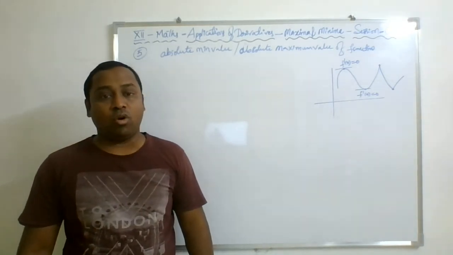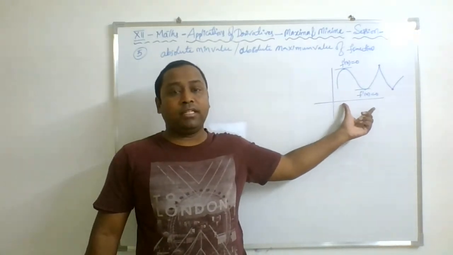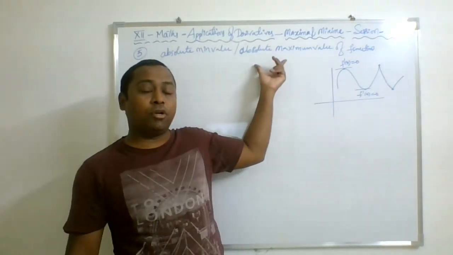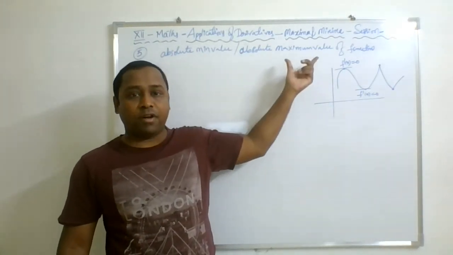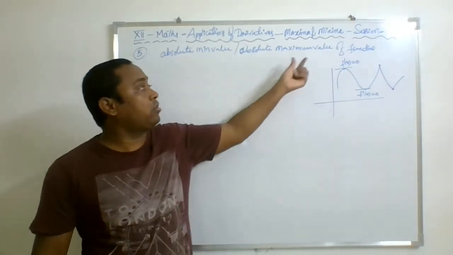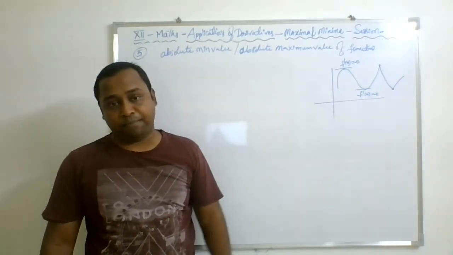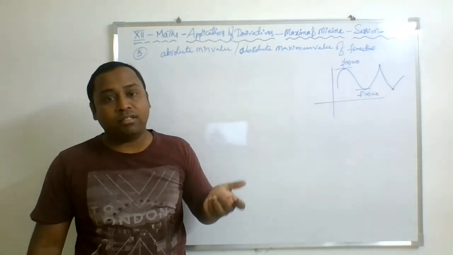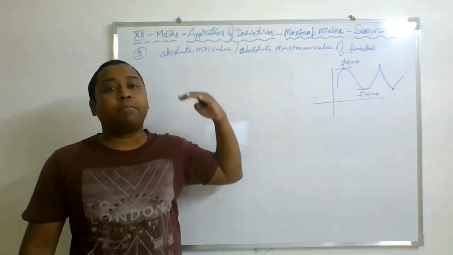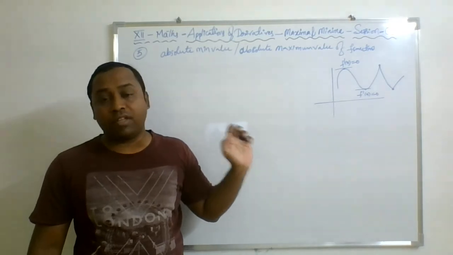So when they ask about the absolute minimum and absolute maximum value of the function, it means we only intend to find the value of the function, not the turning points. Remember, we just want to find the maximum value and minimum value of the function, not only the turning points of the graph.